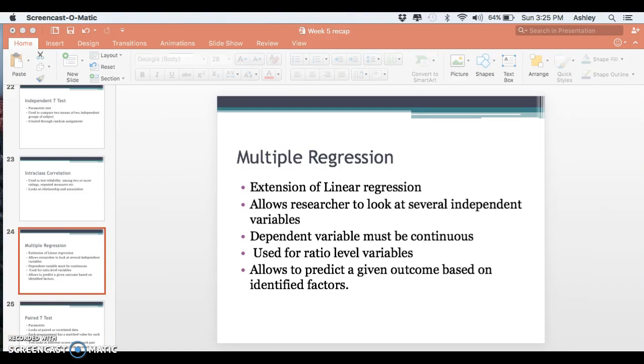Actually, multiple regression is an extension of linear regression that we've already talked about. The equation allows researchers to predict the value using a set of several independent variables. So it can accommodate continuous and categorical independent variables, which may be naturally occurring or experimentally manipulated.